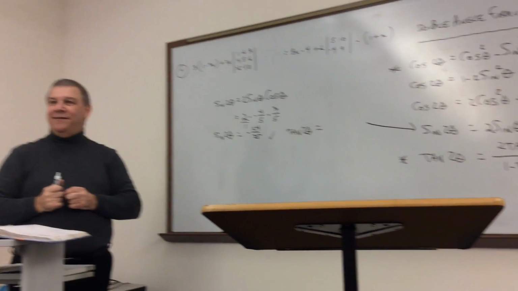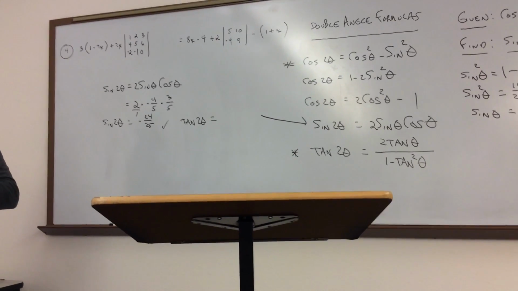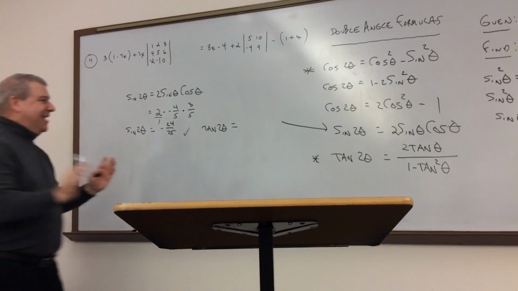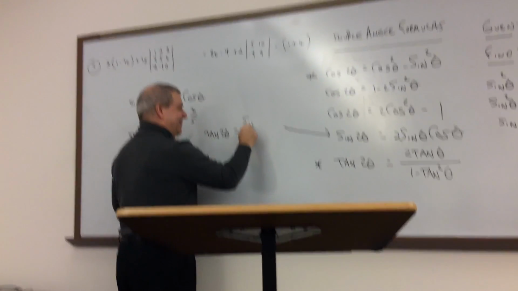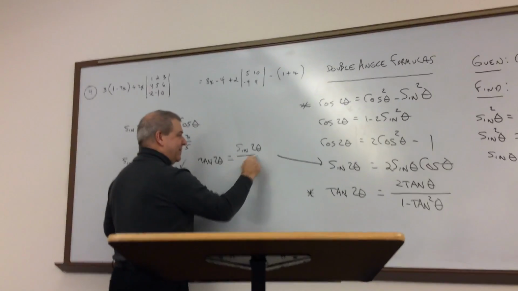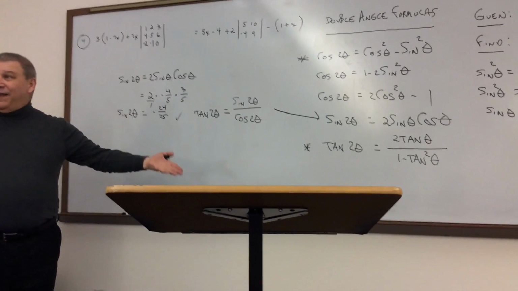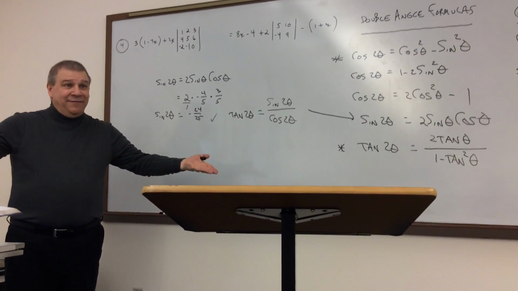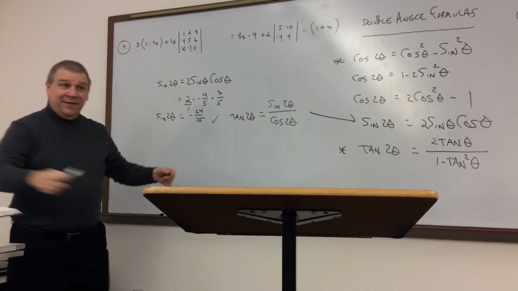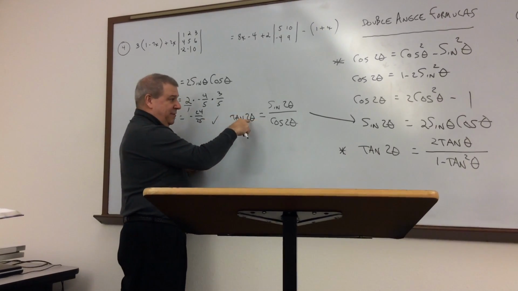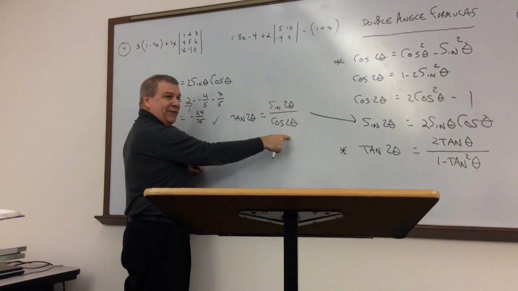Go ahead. Putting the sine of 2 theta over the cosine of 2 theta? Thank you. Isn't sine over cosine tan? Isn't that one of your basic identities? Yes. Now, when you do this, you notice these all got to be the same angle, though.